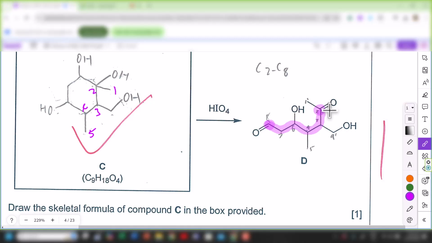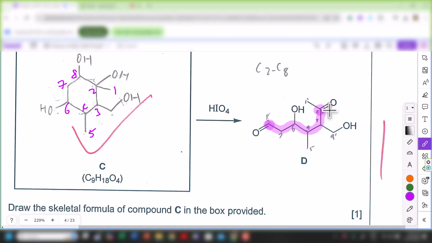And then based on this numbering, this will be 8, 7, 6. So they will cleave here, and then you will get the product.